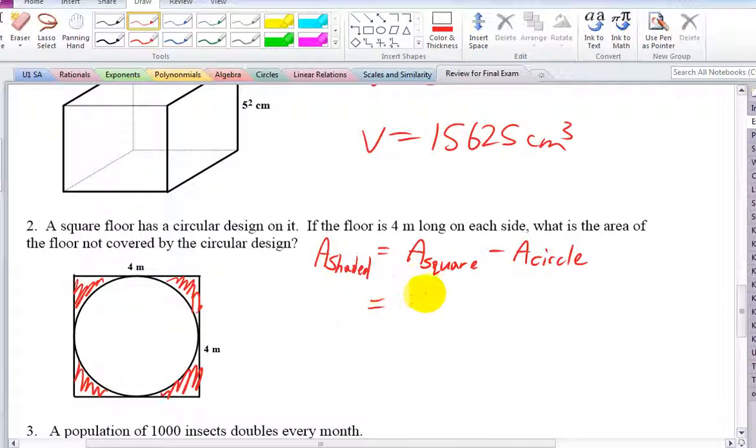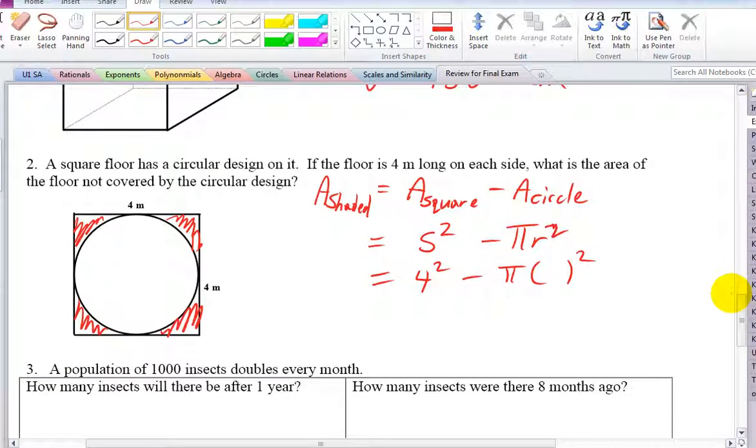So we have a square, s squared, minus the circle, pi r squared. So this would be 4 squared minus pi times, what is the radius? No, it's half of 4. 2. Okay. So this is 16 minus 4 pi.